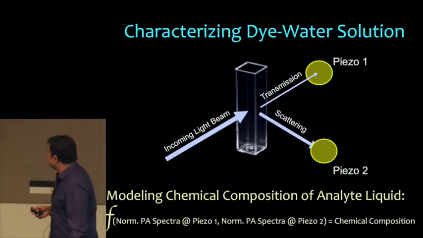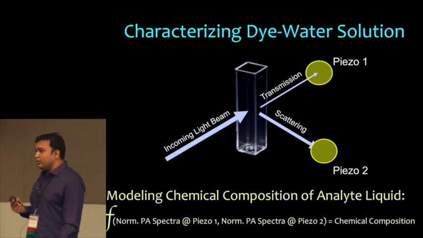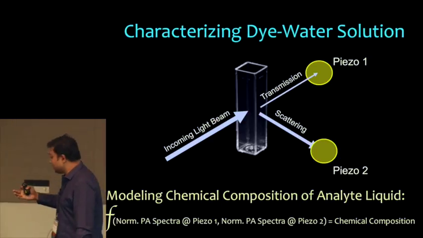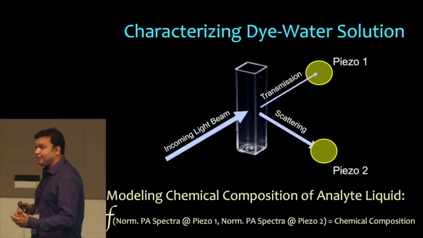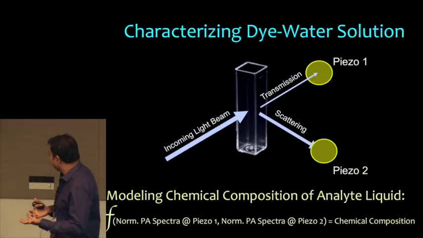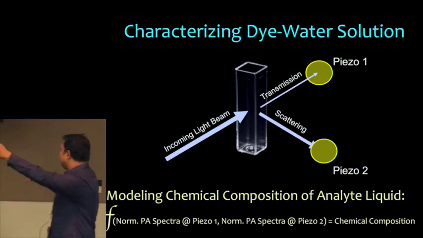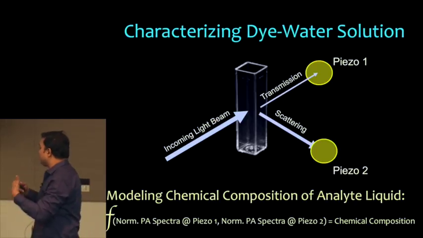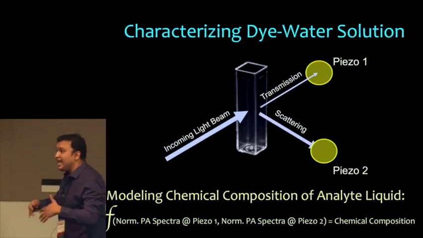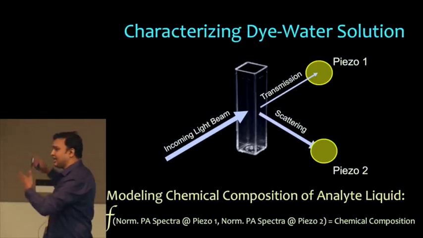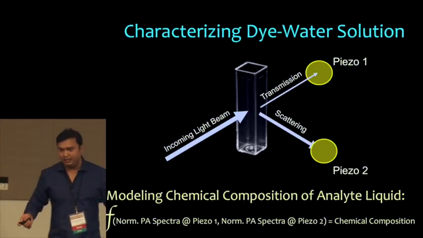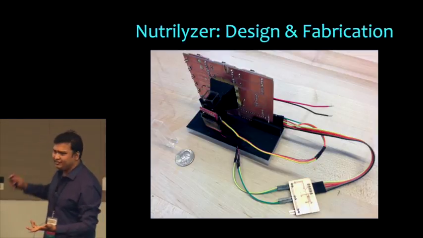The reason is that with two piezoelectric sensors, we're not only capturing the transmission spectra, but also the scattering properties. Our hope is that the normalized photoacoustic spectra at piezo 1 and piezo 2 will help us paint a better picture of the target chemical composition that we want to map to. This is what the final product looked like.